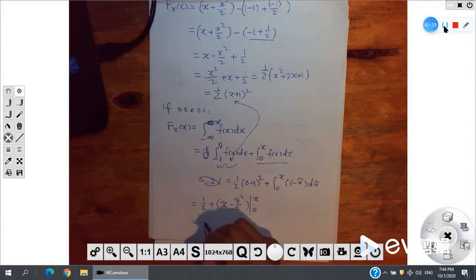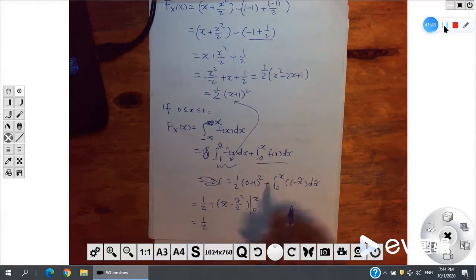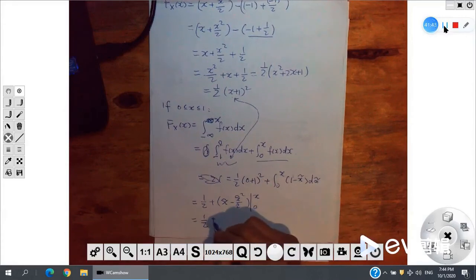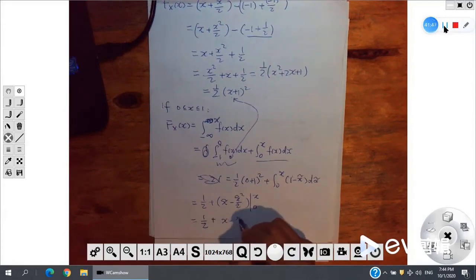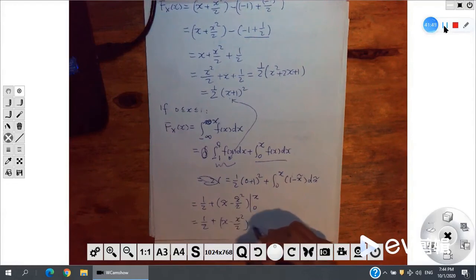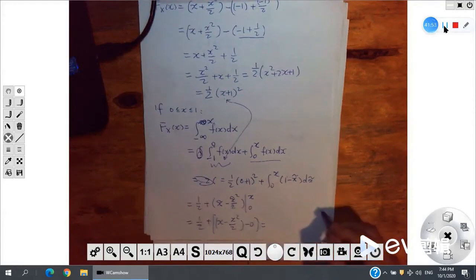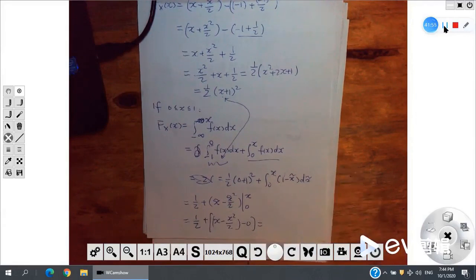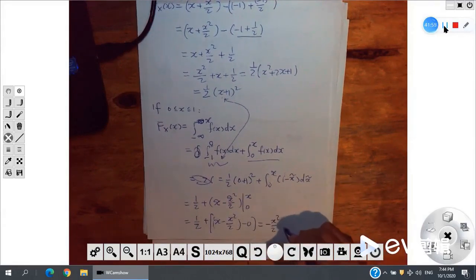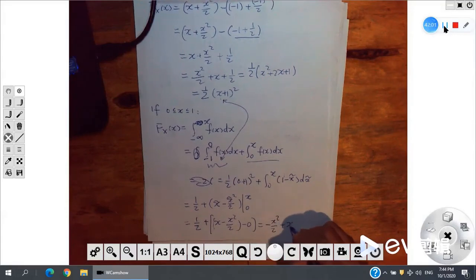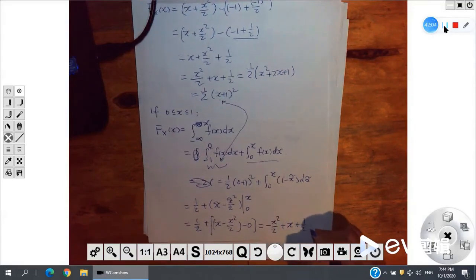So it is 1/2 plus x minus x squared over 2 minus 0. Okay, I put the square term in the front, then the linear term, then the constant. Now I get this one.